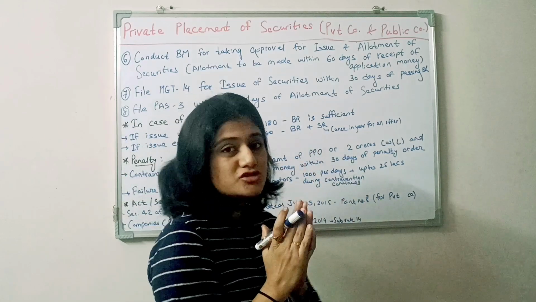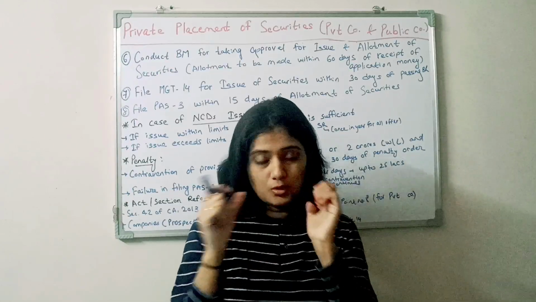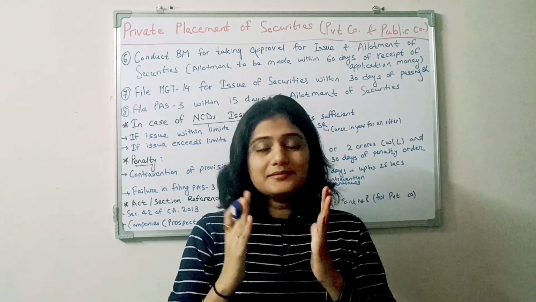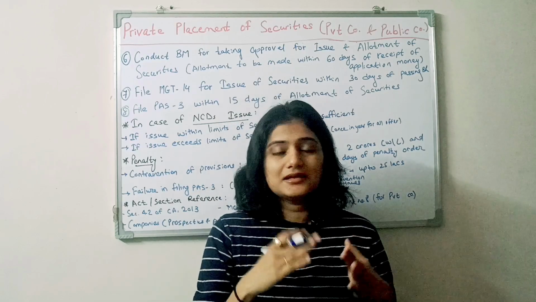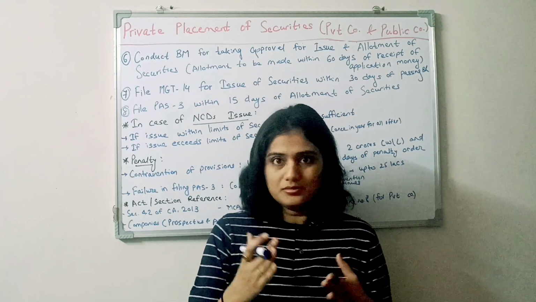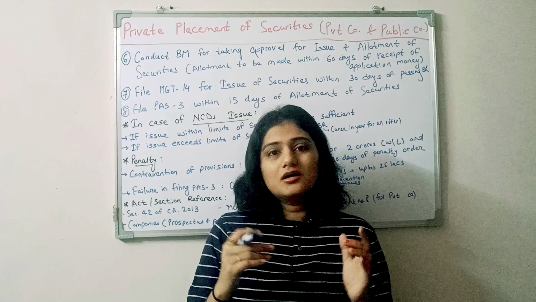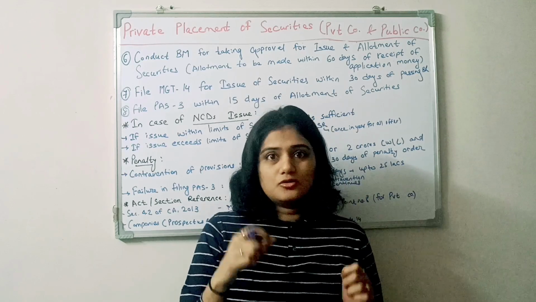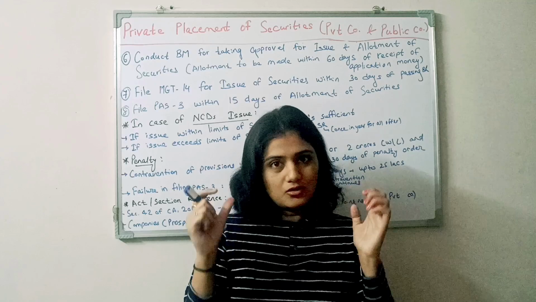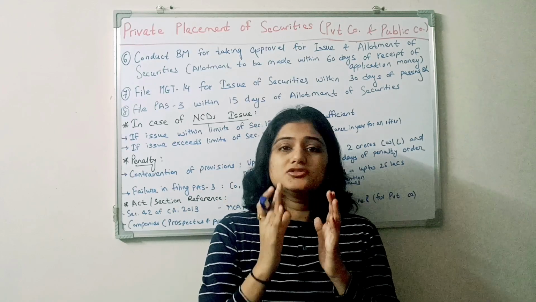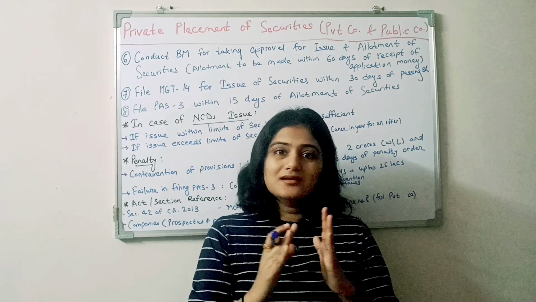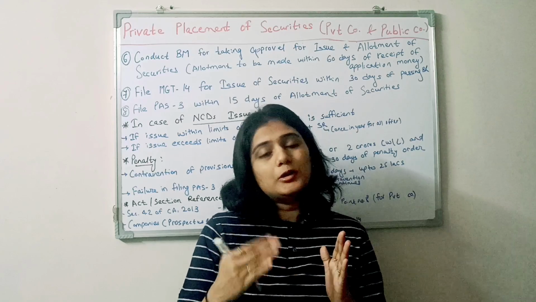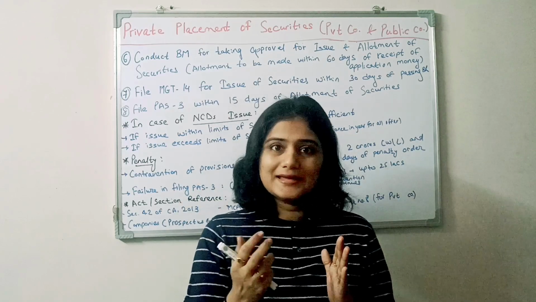So here the special resolution can be passed for the whole year. Suppose I can pass this in the first board meeting, say conducted in April or May. I can give the proposed amount, say 5 crores, say 10 crores, for the entire year. If it is within that limit, then I don't require to go again to the shareholders for taking approval.